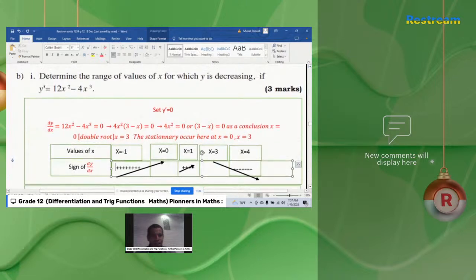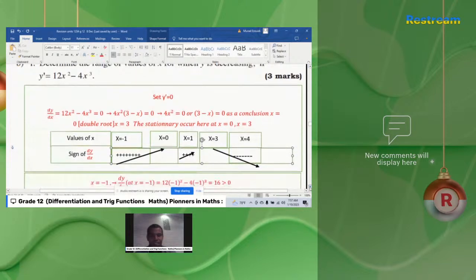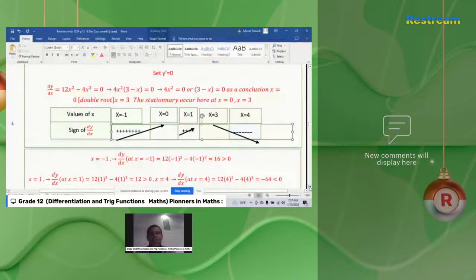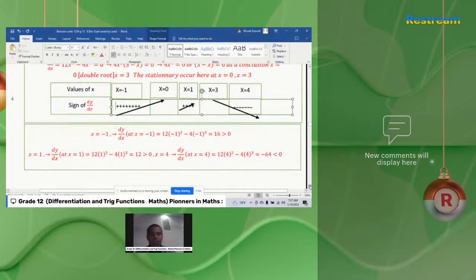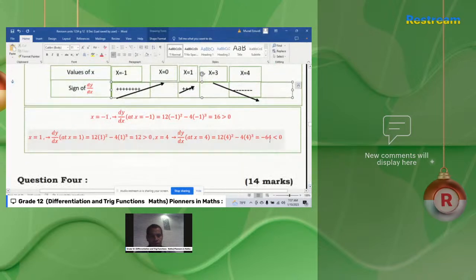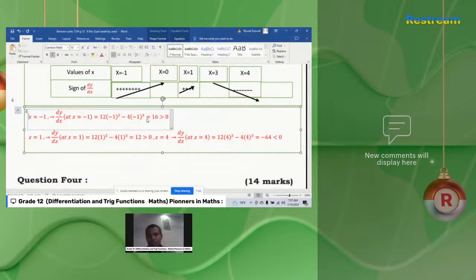So you are going to tell that x is more than or equal to 3. I will just write this in the beginning and continue like that.